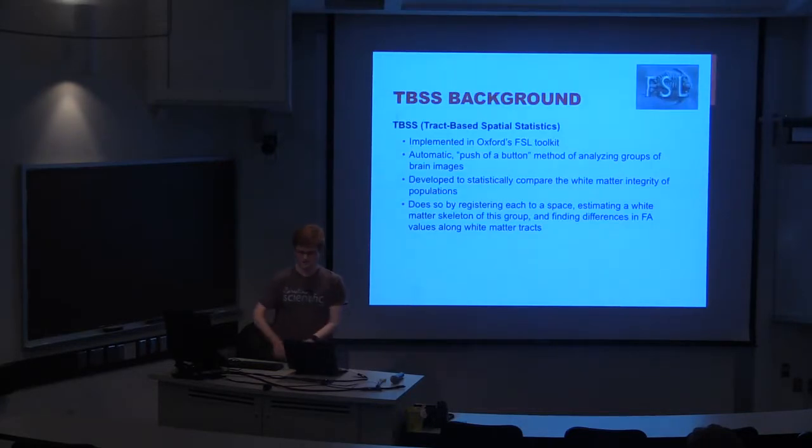These are images of people's brains, and so okay, how do we use diffusion tensor imaging? What is its purpose? Okay, so this is where TBSS, or tract-based spatial statistics, comes in.